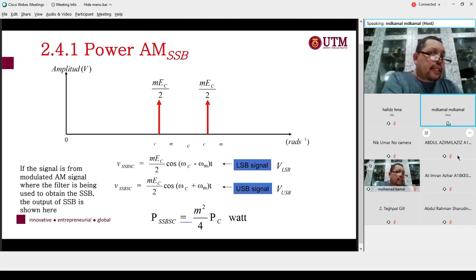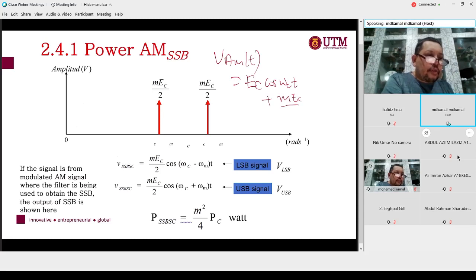So from the idea of the AM signal before, we know that VAMT actually is equal to what? EC cos omega CT plus MEC over 2 cos (omega C plus omega M)T plus MEC over 2 cos (omega C minus omega M)T. So this is the AM signal.